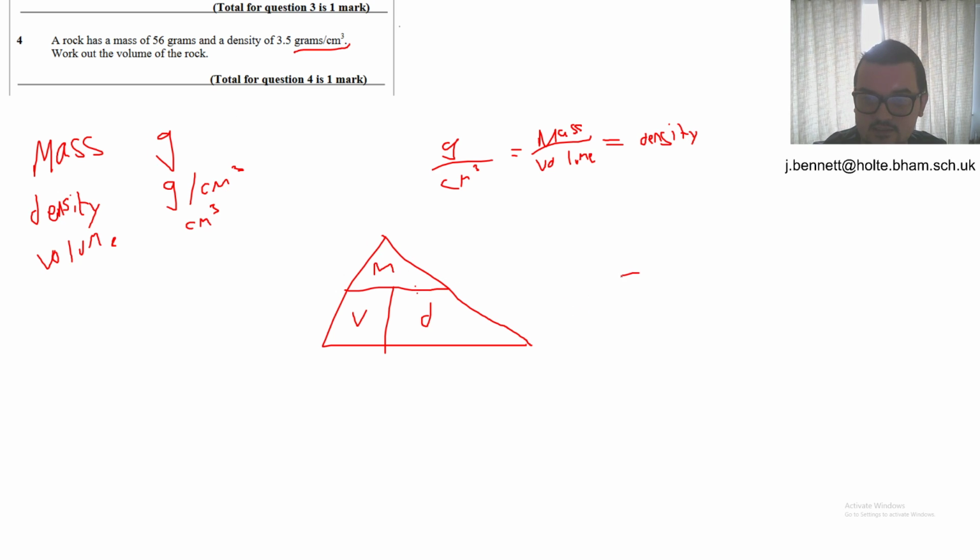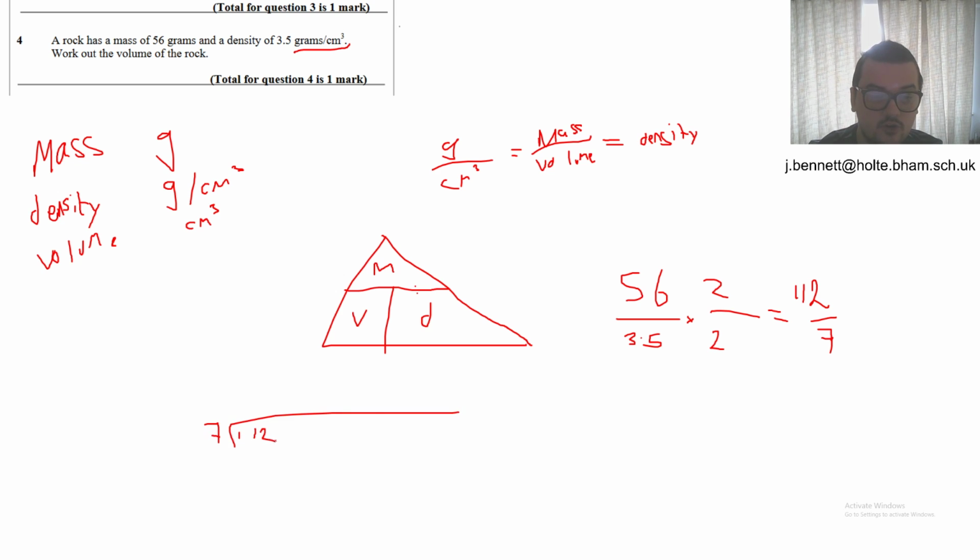Mass is 56, density is 3.5. Now let's manipulate this fraction to make it look a bit nicer. Let's double the top and double the bottom. Now remember, we're multiplying by 2 over 2, which is 1. We're not changing the value of the fraction, we're just changing the numbers to look a bit nicer. 3.5 times 2 is 7. 56 times 2 is 112. So now let's do 112 over 7.